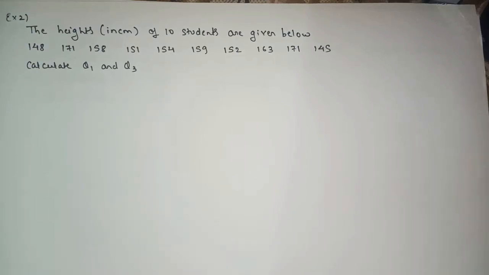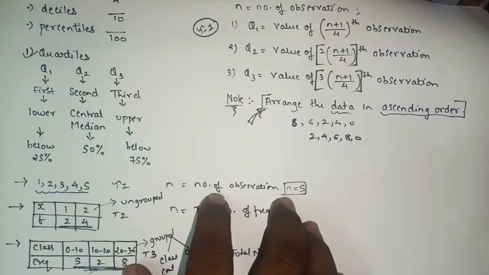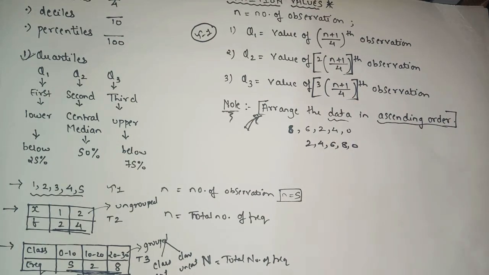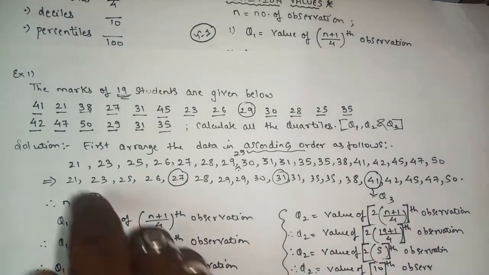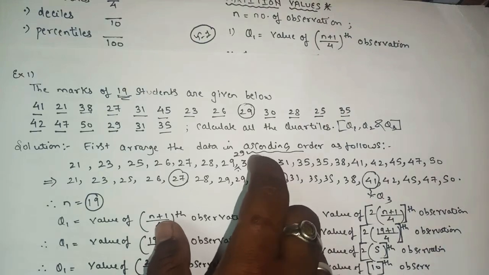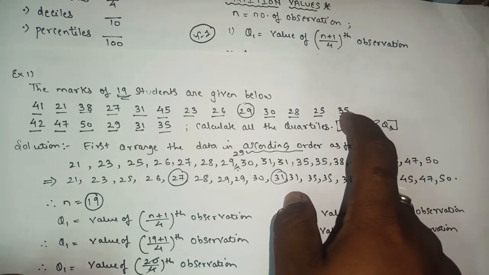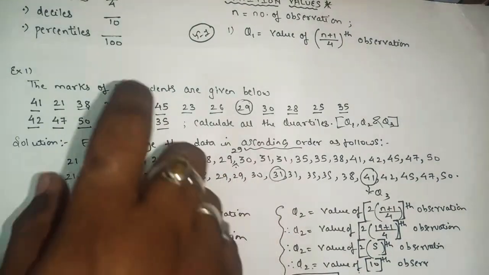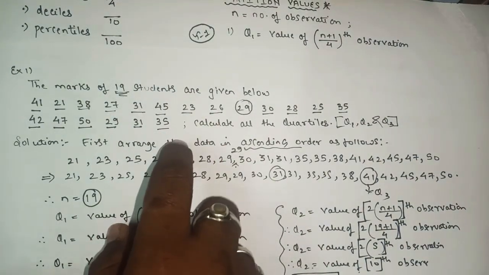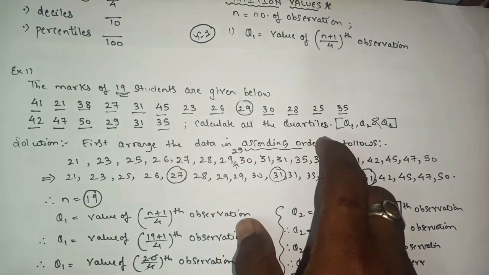Hello students, as in the last lecture, we took one example based on type number 1, where we saw numbers in a series and had to find all the quartiles.